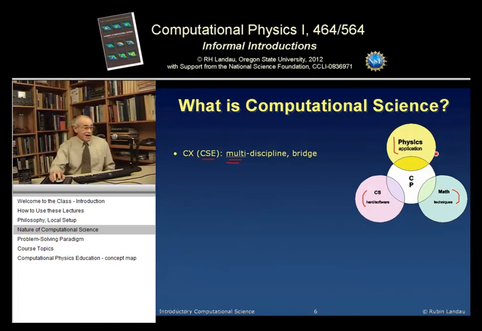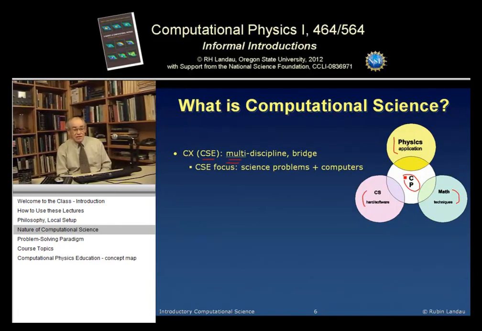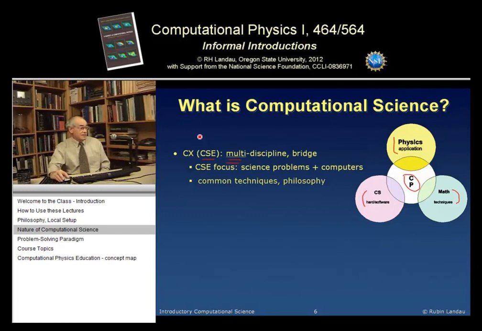So this Venn-like diagram, it used to be, maybe when it was considered interdisciplinary, sort of the overlap of all three, but now we realize, no, it's some of all three, but there's also its own field. There's also a bridge that draws it all together. And one of the very nice things about computational science is that its focus is on scientific problems being solved with computers, and the techniques, the philosophy, the methods, the toolkits are the same for all the different X's.